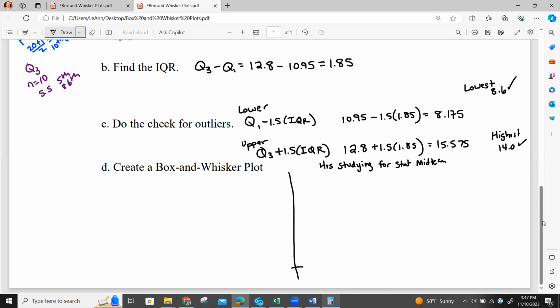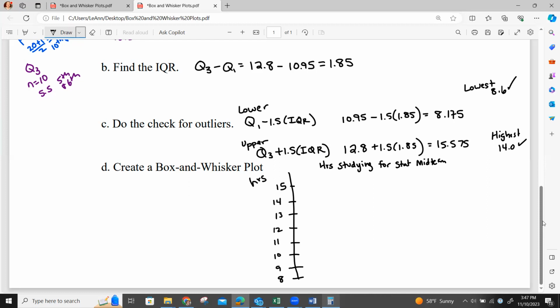So we can start, remember, with any value we want. We just have to list it here. So I'm going to start with 8, then 9, 10, 11, 12, 13, 14, and 15. So this represents our hours.